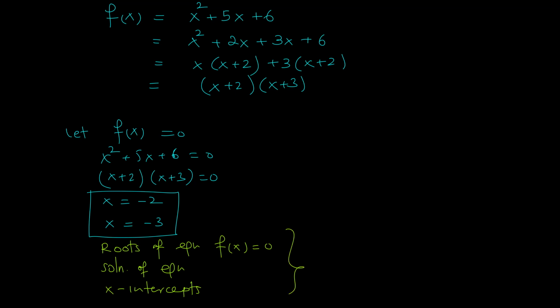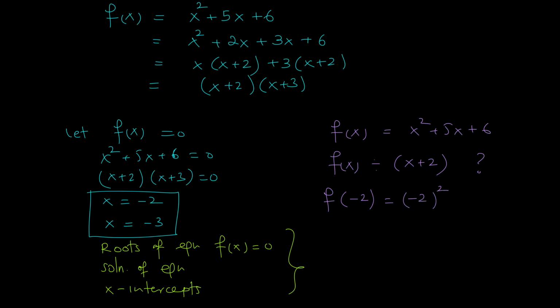So now if f(x) is the polynomial x squared plus 5x plus 6, and I want to check is f(x) divisible by x plus 2, I'm not sure. Let me check. So I'll plug in f(minus 2).